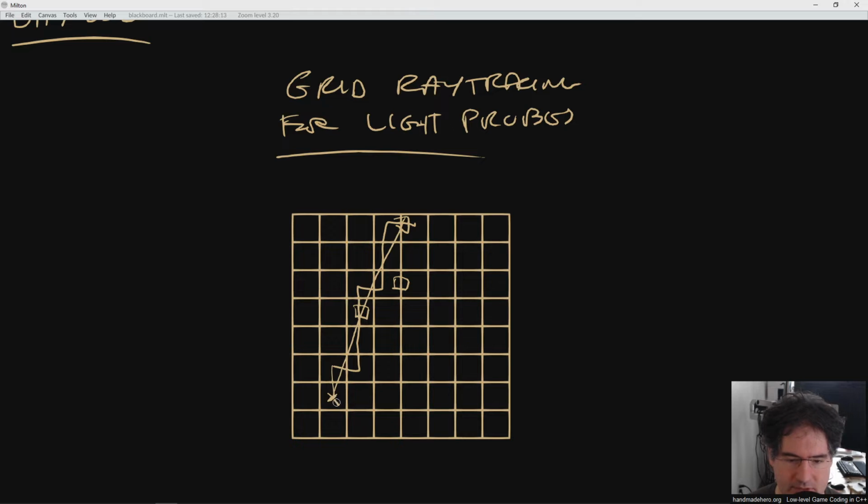So the question I have in my head is, we know this thing might be like 32 by 32 by 32, right? And in a typical case, I don't know how many grid squares you would expect to encounter, but this number could be relatively high. If you were on one side of the grid and casting towards the other side, it could be as bad as a full diagonal walk.